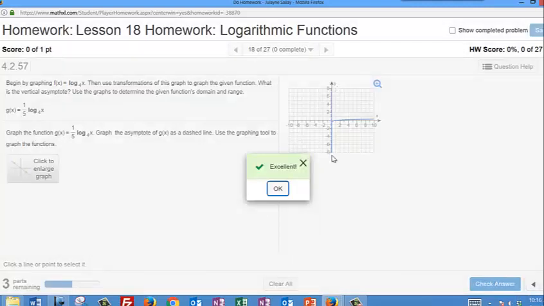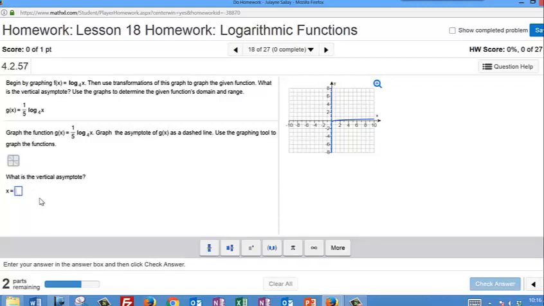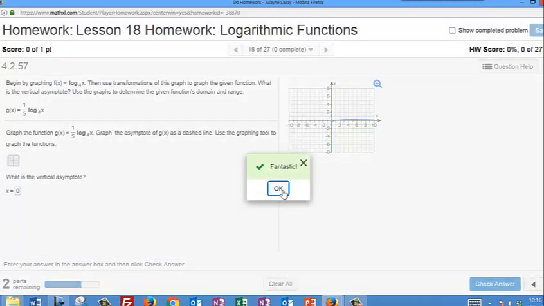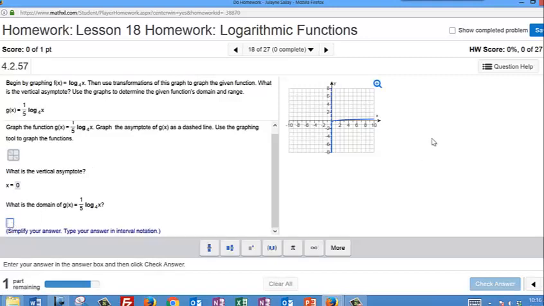Excellent, so I've graphed the asymptote as a dotted line, and I've graphed my log base 4 of x with a compress of 1/5. It asks what is the vertical asymptote? That's x equals 0. That's the y-axis. It asks what's the domain? The domain, in this case, doesn't have anything less than 0, so it's from 0 to infinity. But because I can't include the 0, I'm going to use a parenthesis.